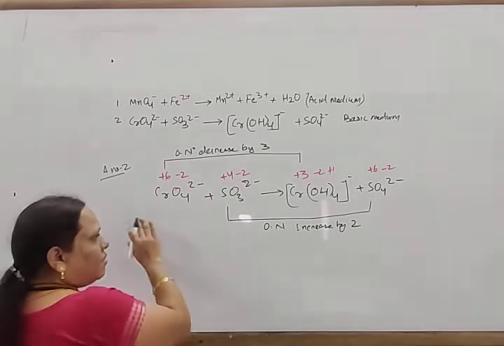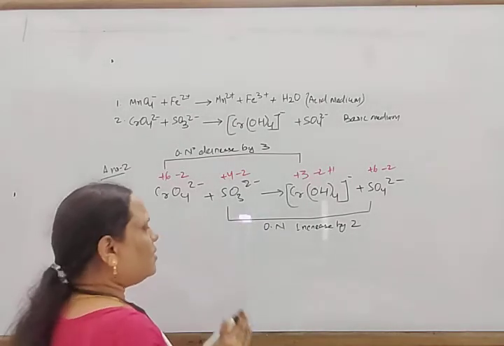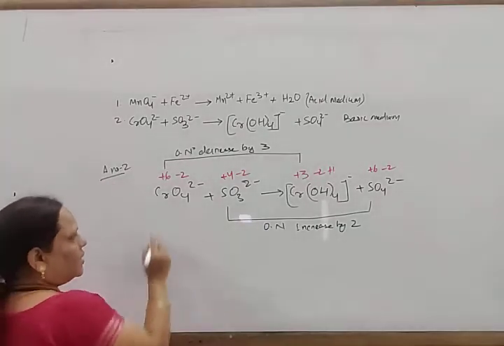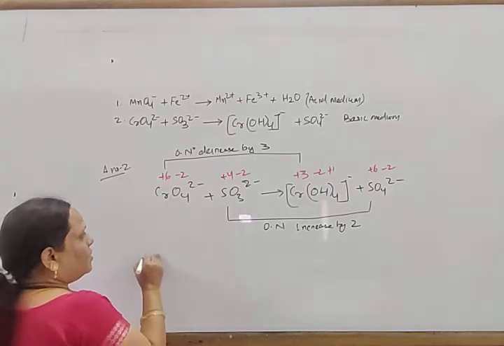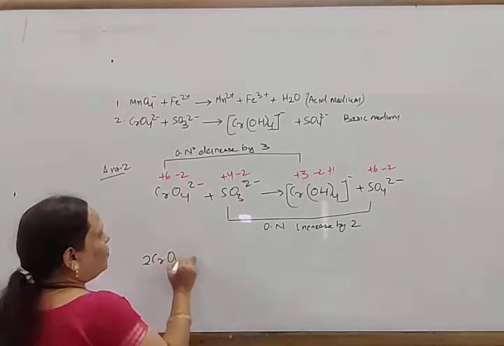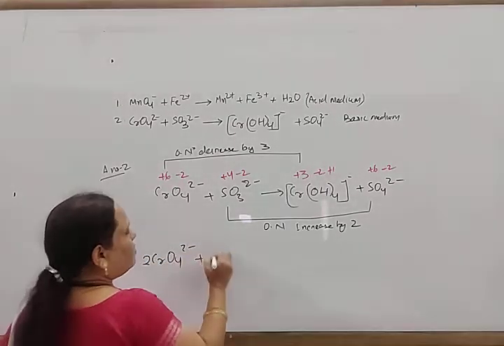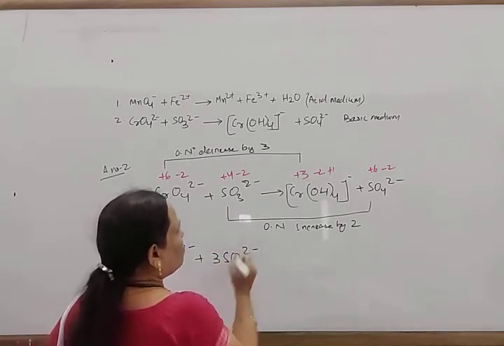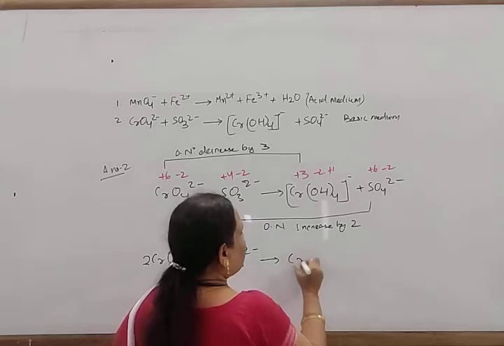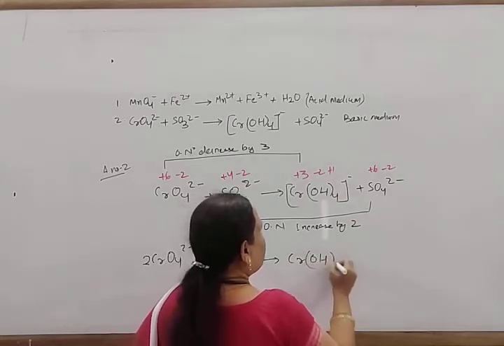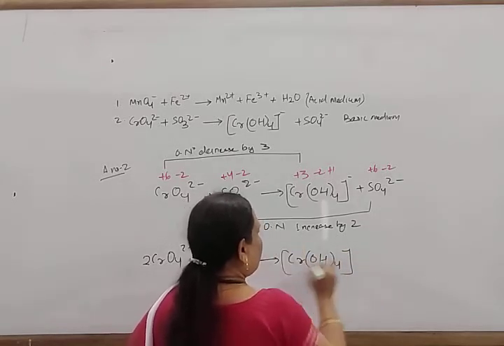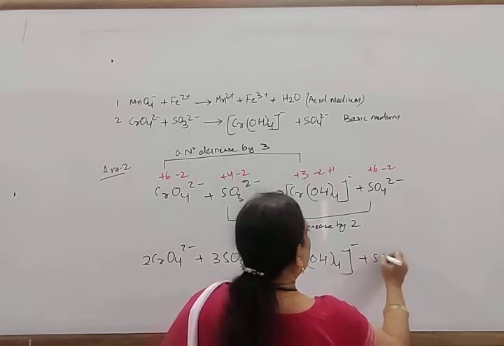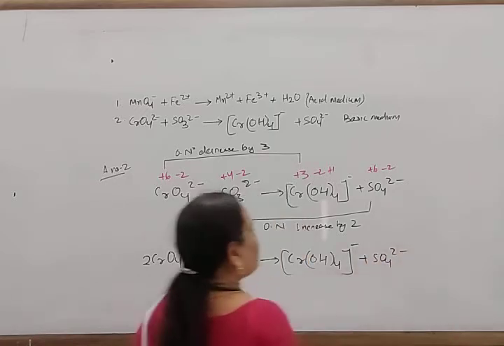So first, except hydrogen and oxygen, if we balance all other atoms, then what we have to write? 2CrO4 2 minus plus 3SO3 2 minus give rise to 2Cr(OH)4 minus plus 3SO4 2 minus.